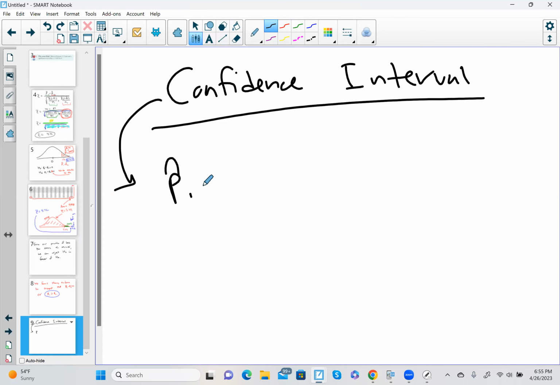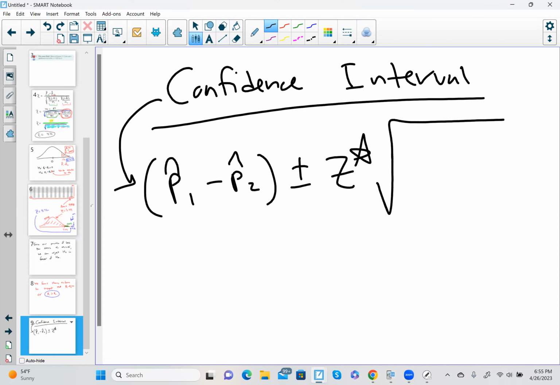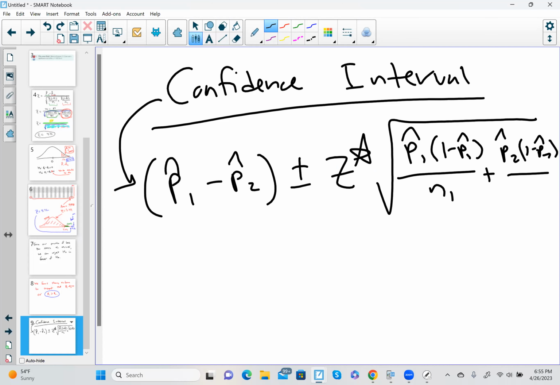So here's what they look like. It's P1 hat minus P2 hat plus or minus something called Z star times the square root of P1 hat (1 minus P1 hat) over N1 plus P2 hat (1 minus P2 hat) over N2.